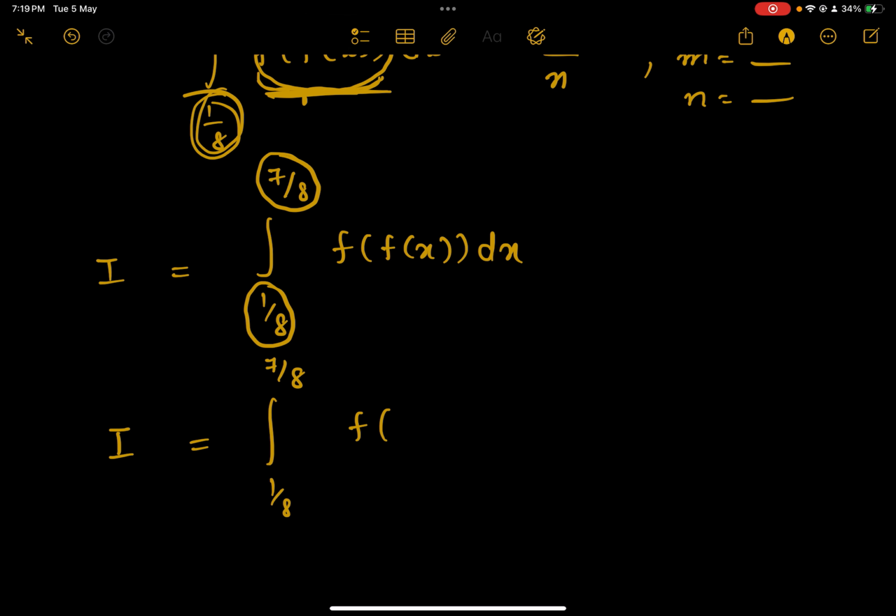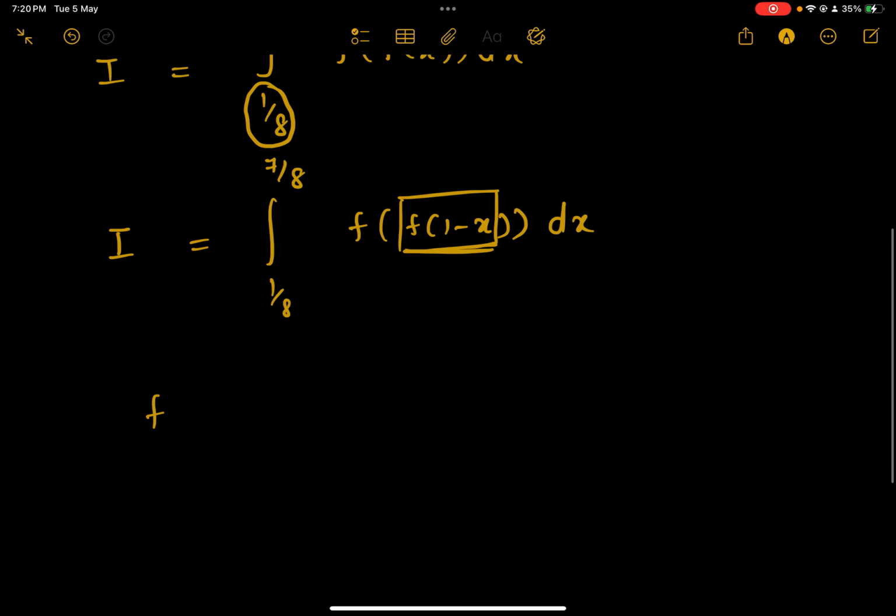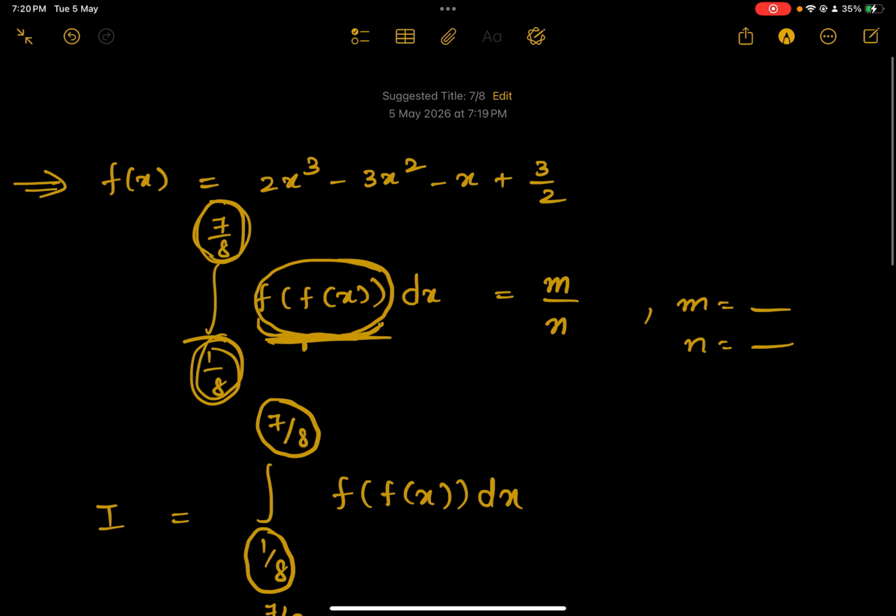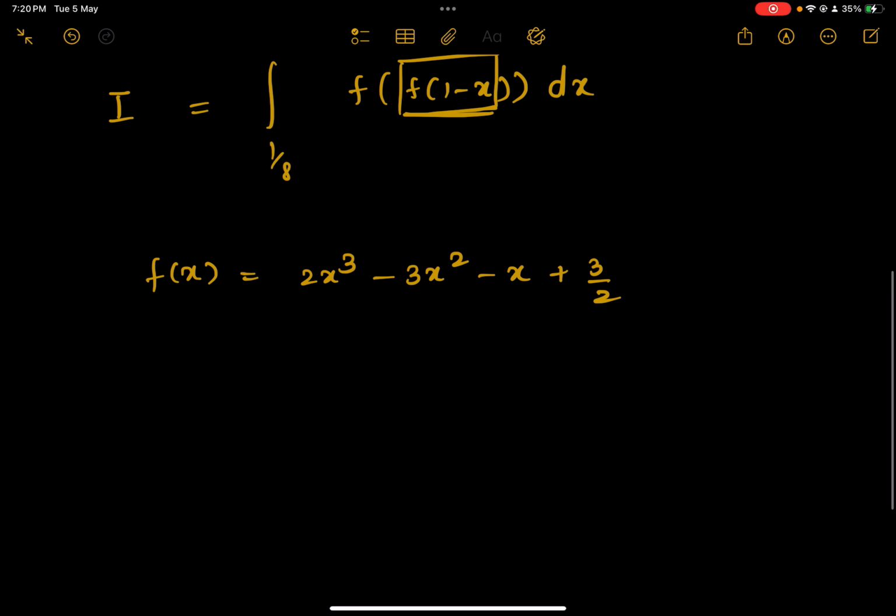So that will give us the integral of f of 1 minus x dx. Now we have to find out what f of 1 minus x is. This can be easily found out. We have f of x is equal to 2x cube minus 3x square minus x plus 3 upon 2. Now let us find f of 1 minus x.